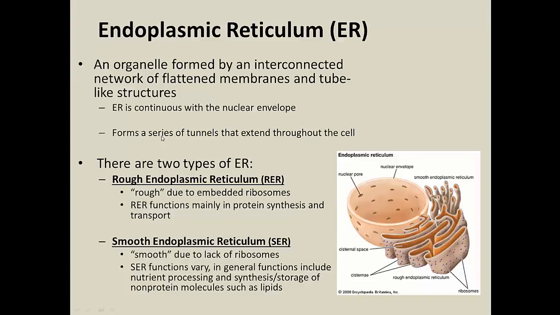So next we've got the endoplasmic reticulum. I mentioned this in our drawing earlier. Endoplasmic reticulum is actually an outward folding of the nuclear envelope. So here is a hollow cross section of the nucleus, with pores, the envelope here.